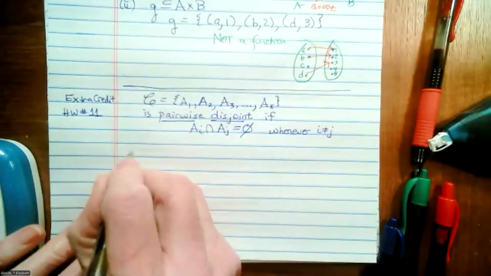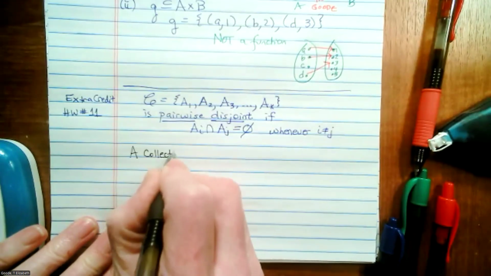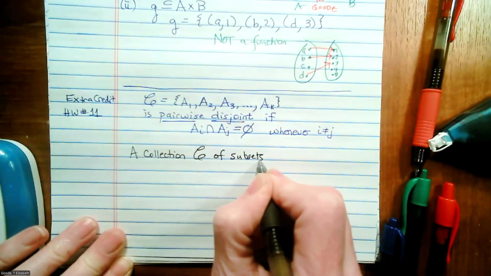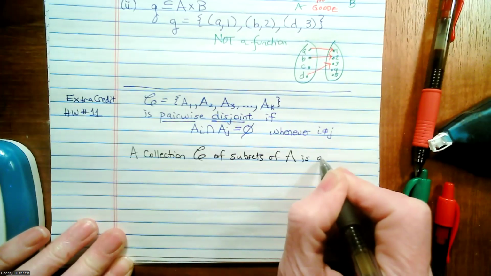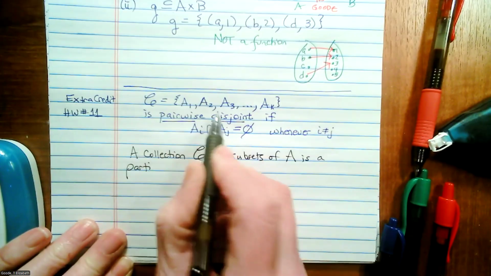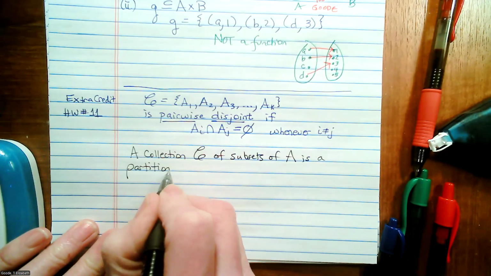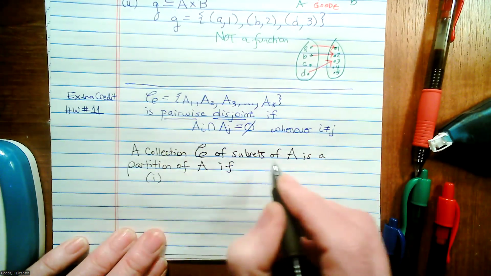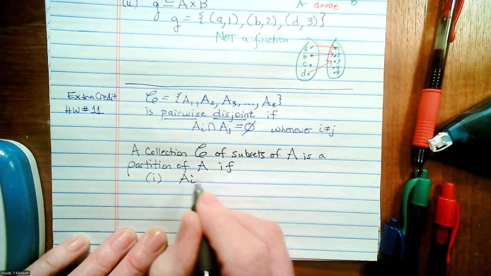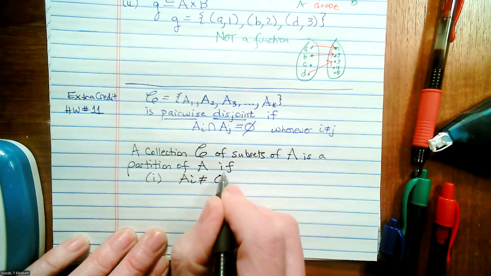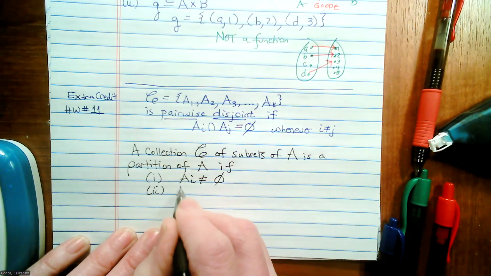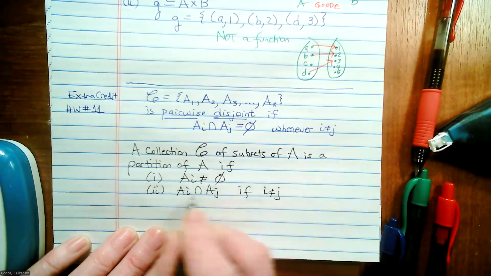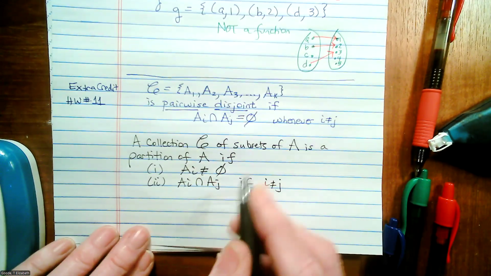Let's just review the definition. A collection C of subsets of A is a partition of A if, one, each of those subsets is non-empty. You might start the indexing at 1, you could start it at 0. Two, we have pairwise disjointness: Ai intersect Aj is empty.